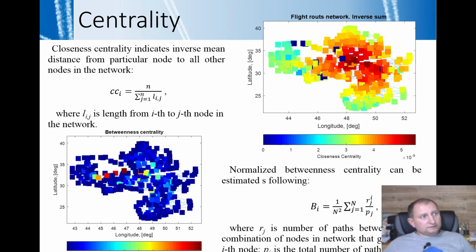And finally, today I will touch two other quite important network parameters, which is closeness centrality, which indicates some mean distance from particular node to all other nodes in the network, which is usually used in inverse format.